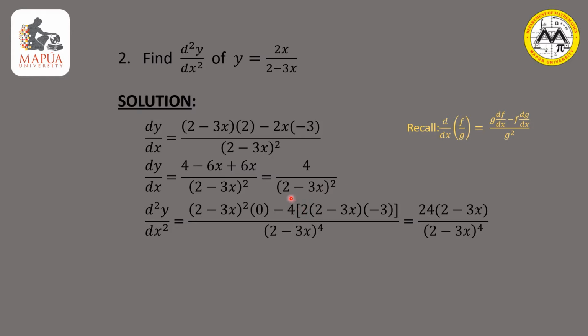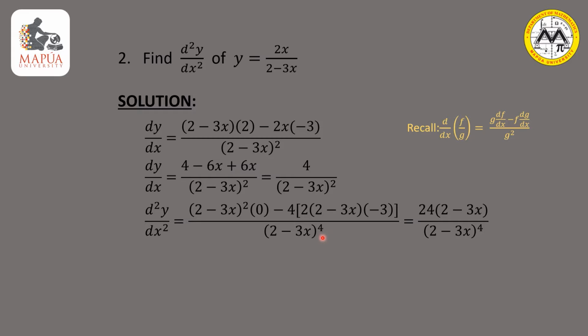Hence, the derivative of 2 minus 3x squared would just be a 2 times 2 minus 3x raised to the first power times the derivative of 2 minus 3x, which is a negative 3. This difference now is to be divided by the square of the denominator. Hence, we have there a 2 minus 3x raised to the fourth power.